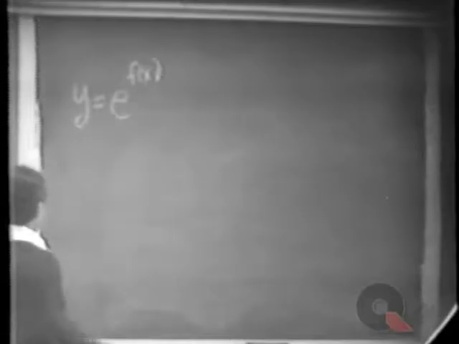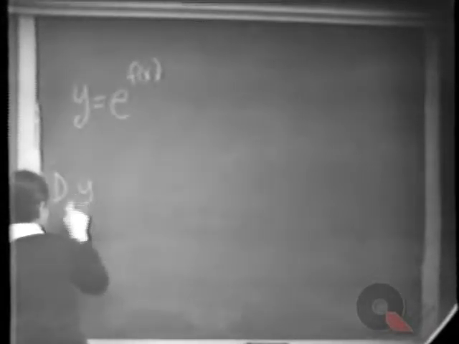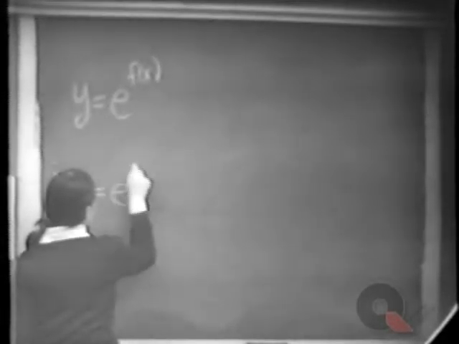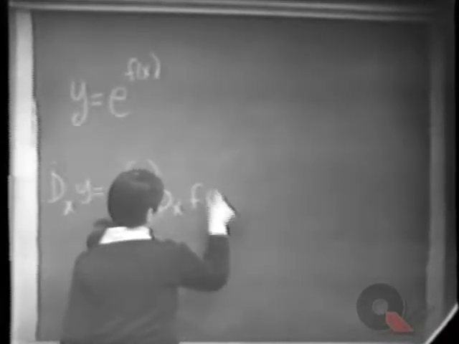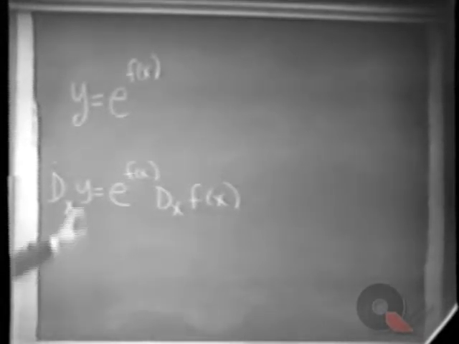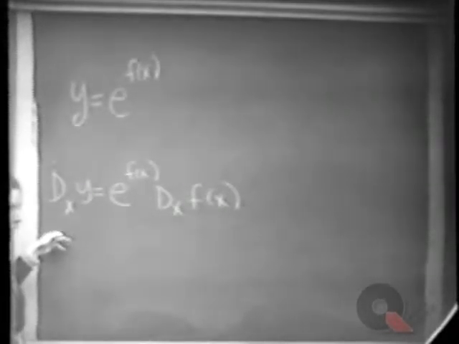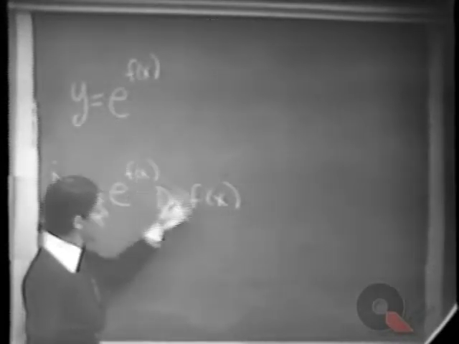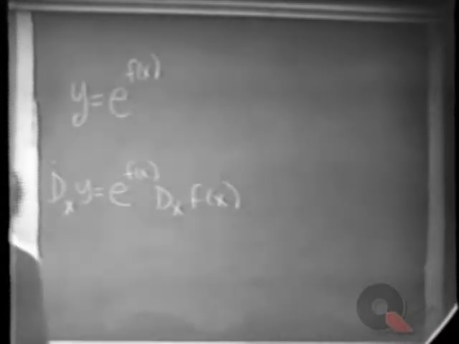In Chapter 8, we find out that the derivative of y with respect to x in such a case is equal to e to the f of x times the derivative of f of x with respect to x. If we start off with e to a function of x, we want the derivative of y with respect to x. Derivative will be e to the f of x, rewrite it as is, then multiply by the derivative of the power with respect to x.